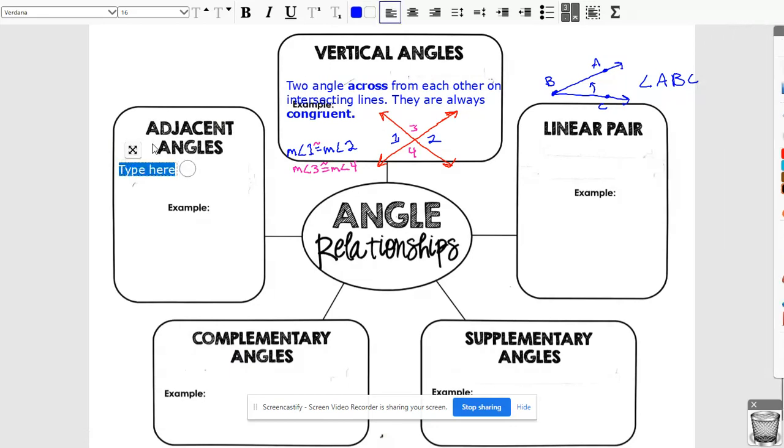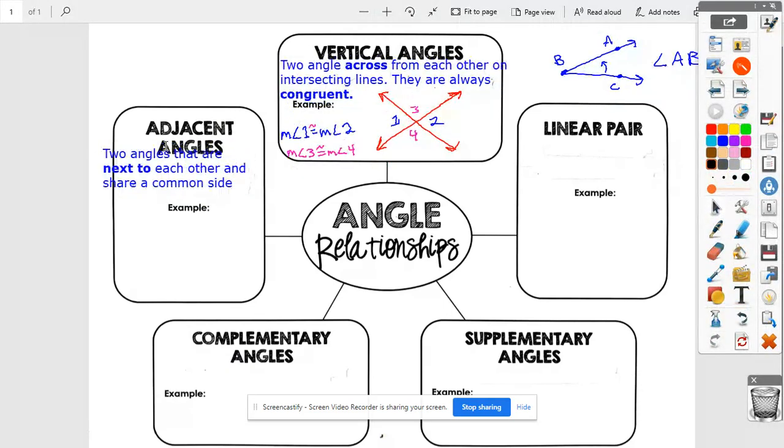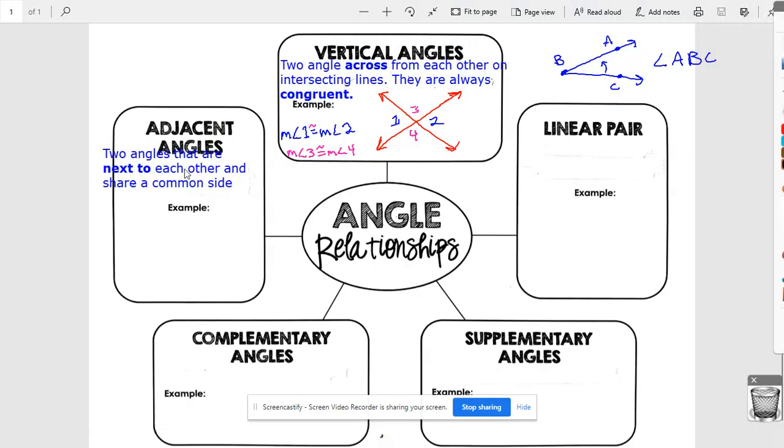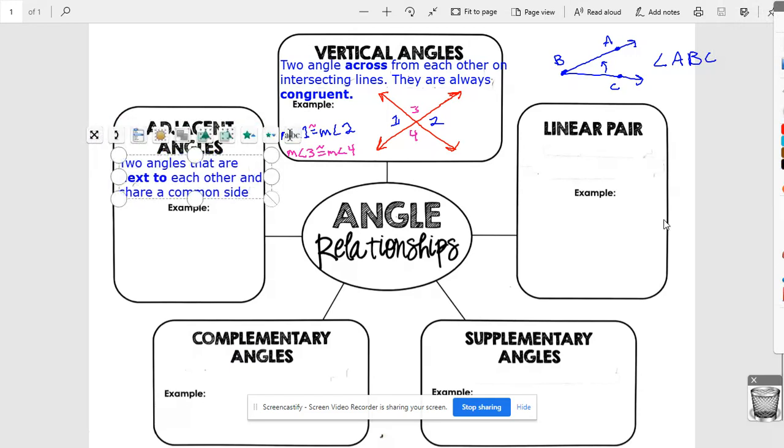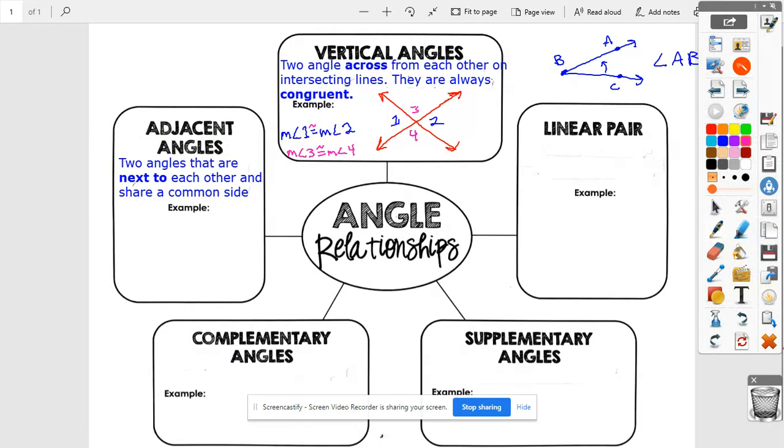Our definition of adjacent angles is two angles that are next to each other and share a common side. So two angles that are next to each other and share that common side. Let's take a look at what we mean by sharing that common side.